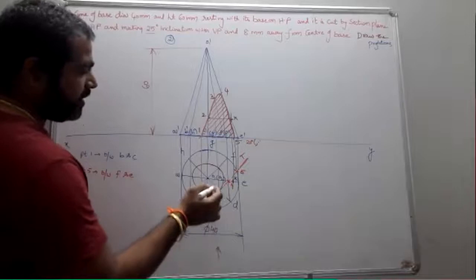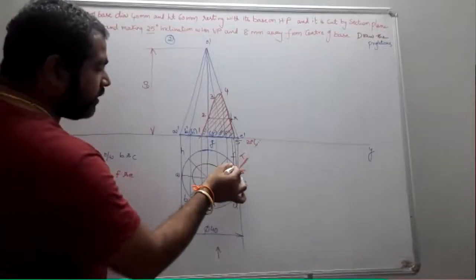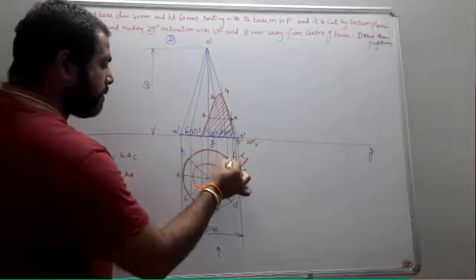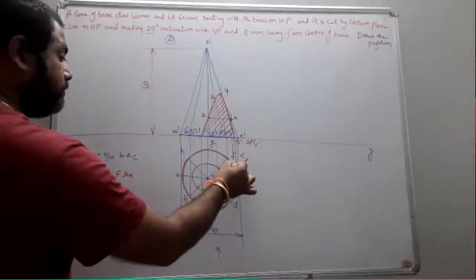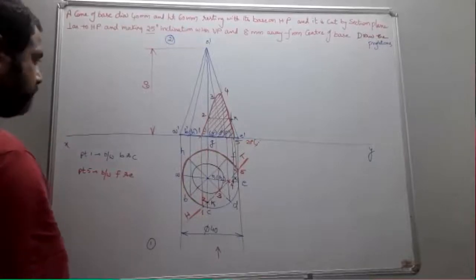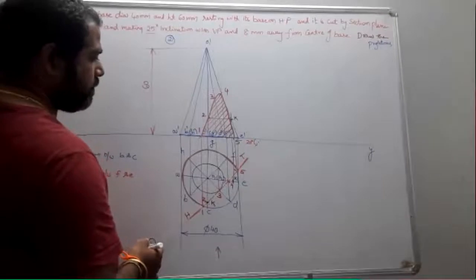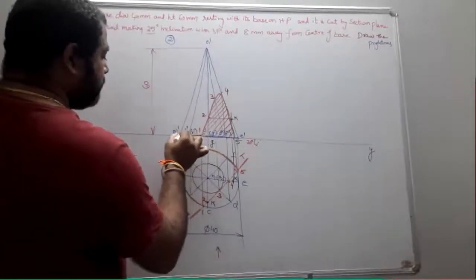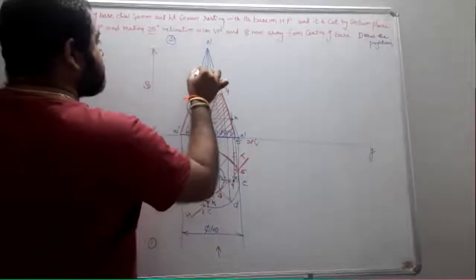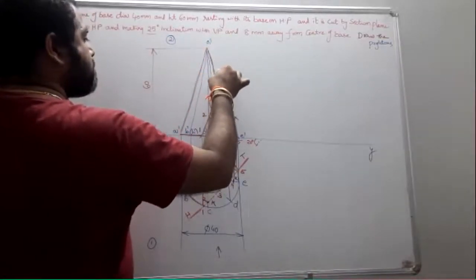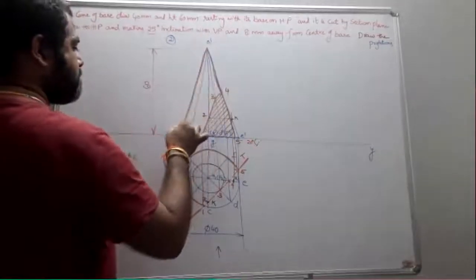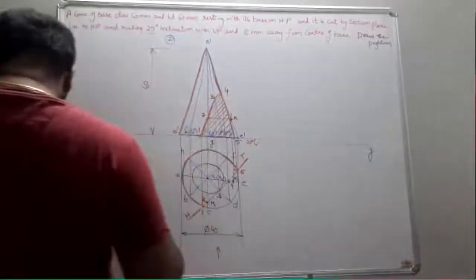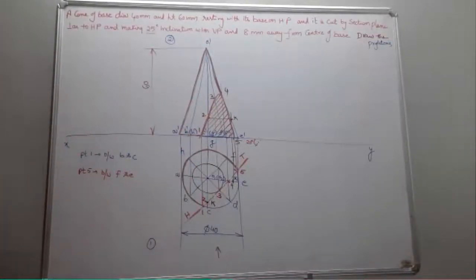The portion between the observer and the cutting plane is removed, and this was your retained portion.